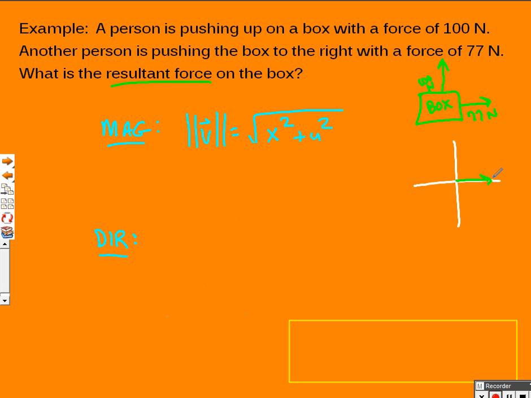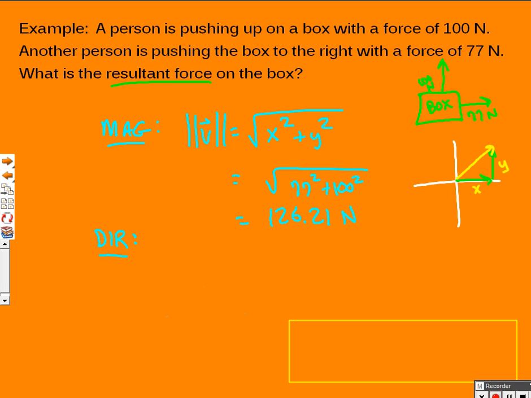It's going to be somewhere in quadrant 1. So I have an x component and a y component. The x component, we can see from the picture, is 77 newtons. The y component is going to be 100 newtons. So your resultant is just going to be the square root of those values when you add them together, just like the Pythagorean theorem, a squared plus b squared equals c squared, and when you plug those in you'll get a resultant of 126.2 or so newtons.